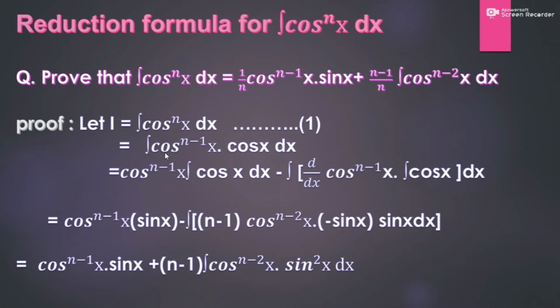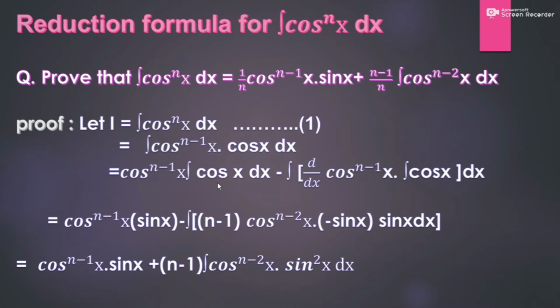Here the first function as it is, that is cos^(n-1) x, into the integral of the second function, that is the integral of cos x dx, minus the integral of the derivative of the first function, cos^(n-1) x, into the integral of the second, that means the integral of cos x dx. Then cos^(n-1) x is as it is.